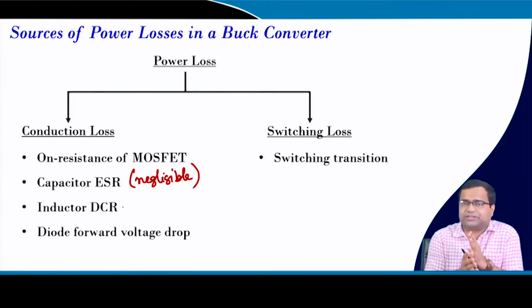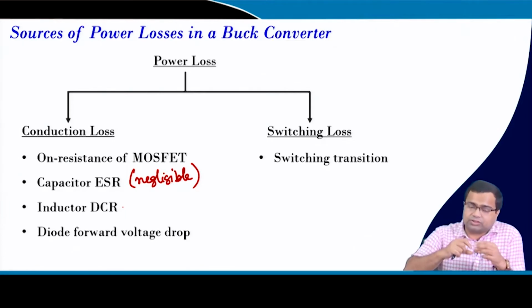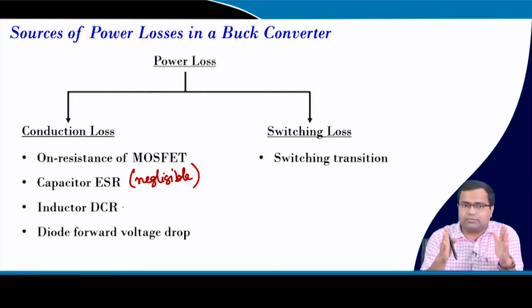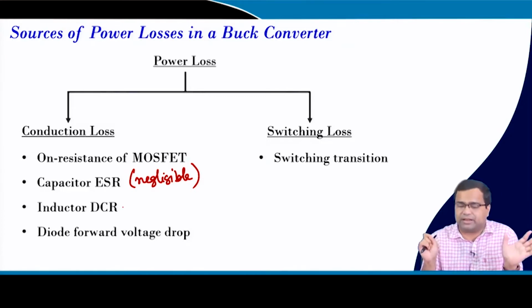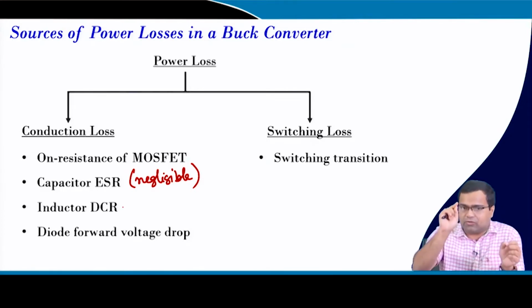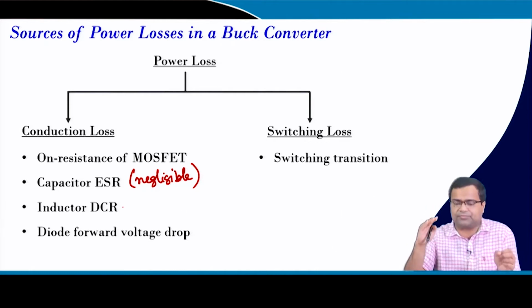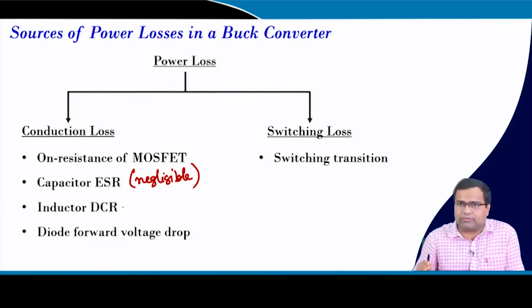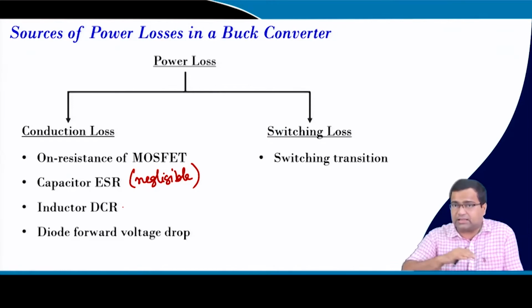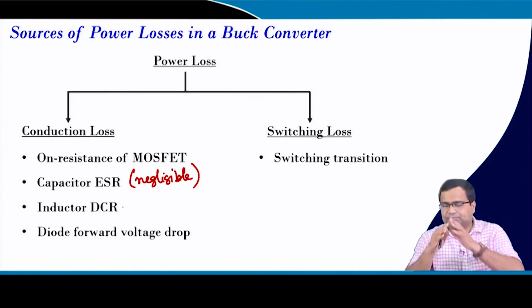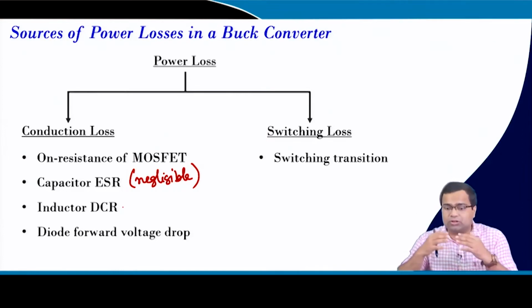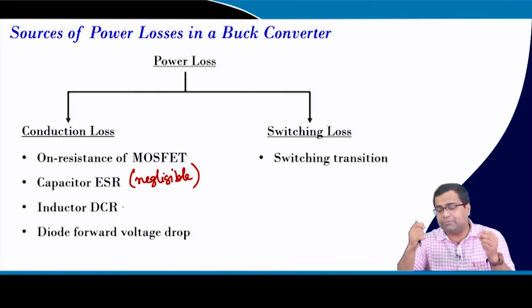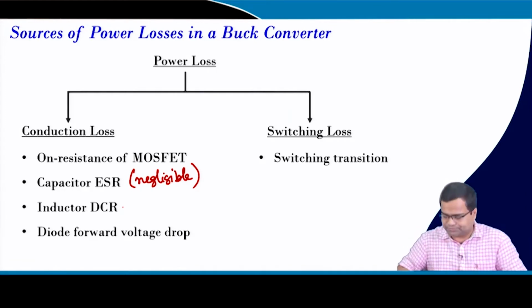But when you turn off the switch, the drain-to-source voltage will slowly rise to the voltage applied across the two terminals, and the current will slowly go from its full value to 0. In this slew up and slew down process, there will be overlap between non-zero current and voltage, which will lead to switching loss. If you have faster rise and fall times, then you can reduce the switching loss.